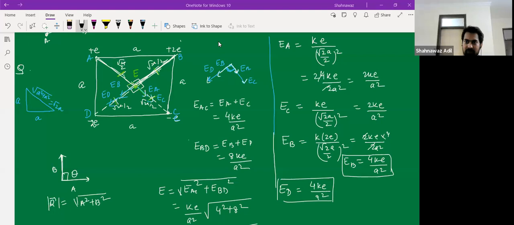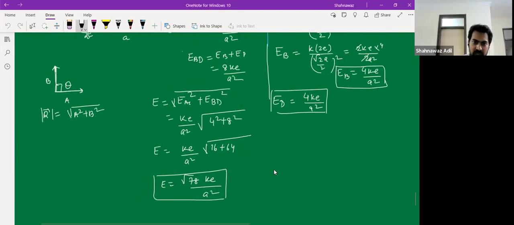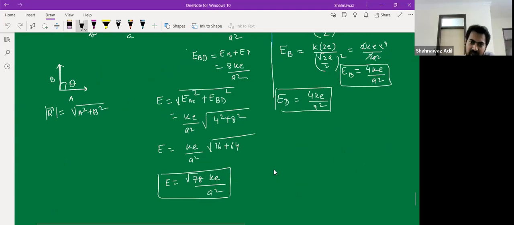Tariq asks: to the final answer, when I added 64 plus 16, it was 80. So can I just take it as 4 root 5 KE by S square? Yes, 4 root 5 KE by S square. 16 into 5 is 80, right?